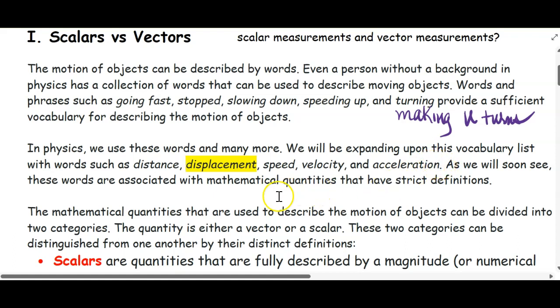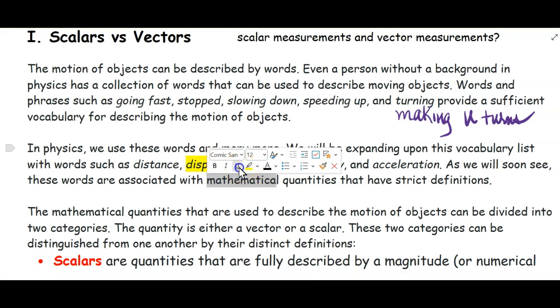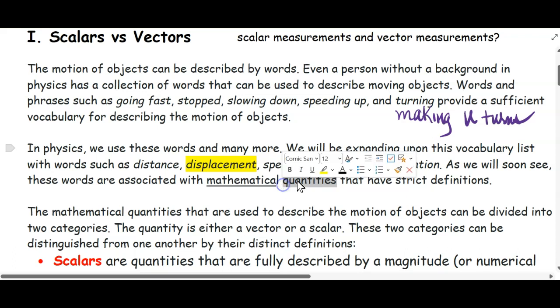As we will soon see, these words are associated with mathematical quantities that have strict definitions. So one of the things that we're going to be talking about is that physics has a mathematical view of life. And those mathematical quantities make it easier for some of you and will make it harder for others of you to get comfortable with. All right?